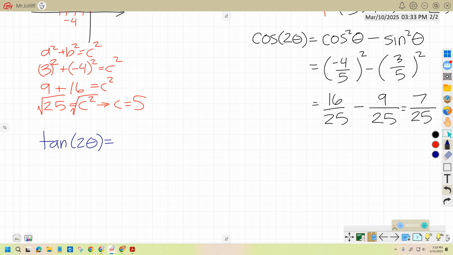There are a couple of answers, at least 3 that I can think of. Maybe 2. But there's a couple. There's multiple. I'm going to give you like a minute in your small groups. Discuss. How would you tackle that? Given what we know about the system, how would you find tan of 2 theta?